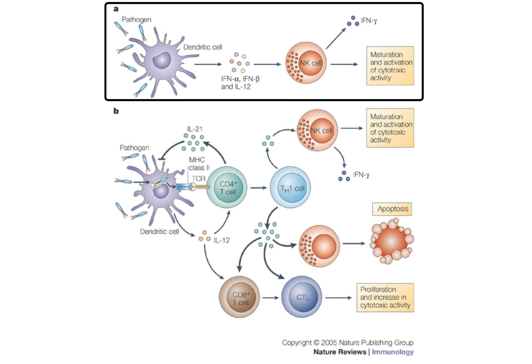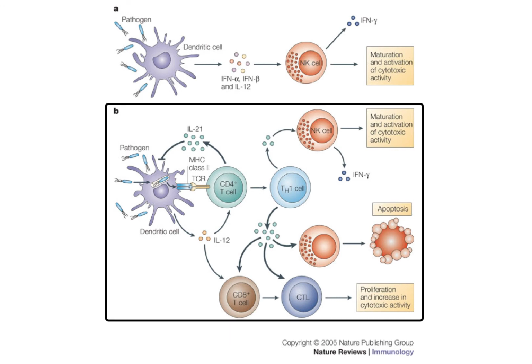So on the top you have a pathogen that's interacting with the dendritic cell, that's then releasing interferons and interleukins, and that stimulates the natural killer cells to maturation, as well as activation of their cytotoxic activity.